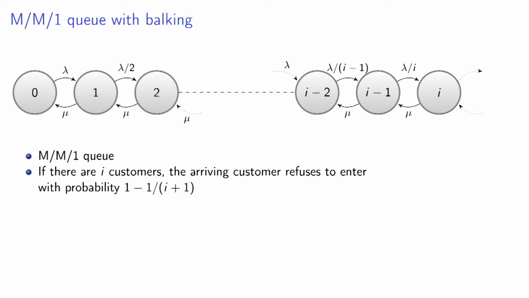If there are i clients in the system upon the arrival of a new customer, this customer refuses to enter the system with probability 1 minus 1 divided by i+1. The probability of balking is there to model the fact that not all people react the same way to long queues. This means that the arrival rate is no longer lambda, but only lambda divided by i+1. The departure rate stays the same, equal to mu.